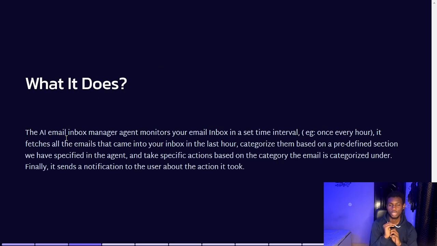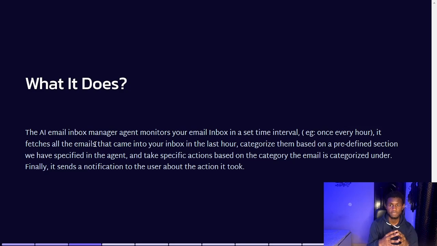So going into what it does, the AI email inbox agent basically monitors your email inbox in a set time interval. So for example, say once every hour, right? If we set it to be once every hour, then it's going to fetch all the emails that came into your inbox in the last hour. It will categorize them based on a predefined section we have specified in the agent.